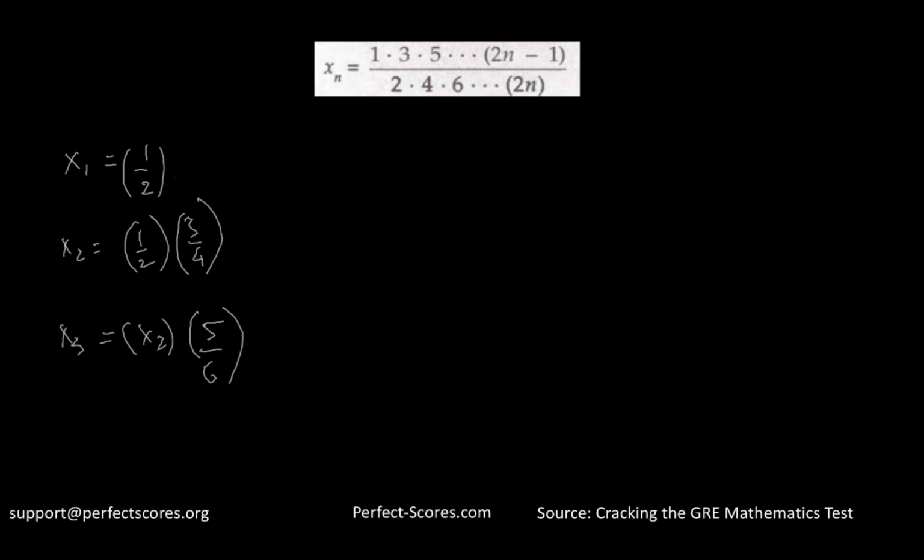So what's happening here? You can clearly see that the series is monotonic and it's constantly decreasing. Every term that you multiply is less than 1. That means it constantly decreases. This is 1 by 2. This is 1 by 2 into 3 by 4. This is the previous value into 5 by 6.